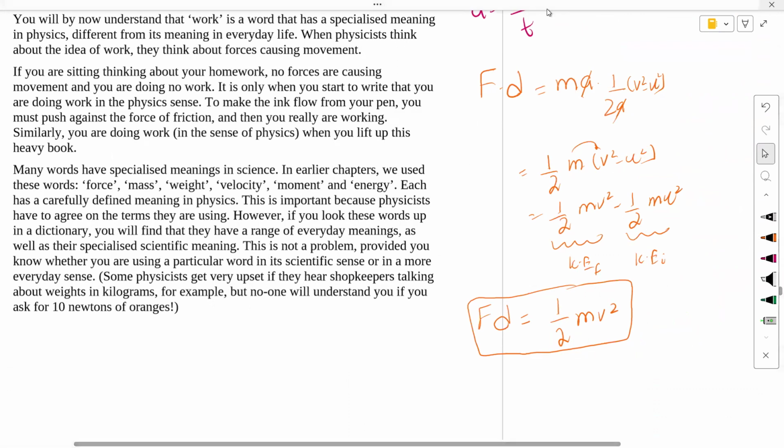Now I'm going to give you a few minutes to absorb these equations.